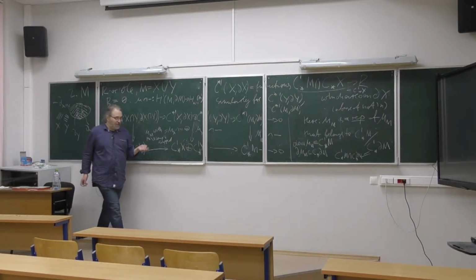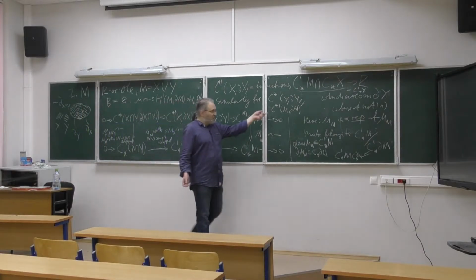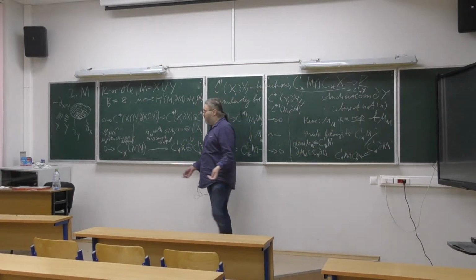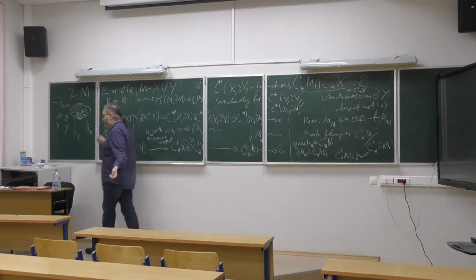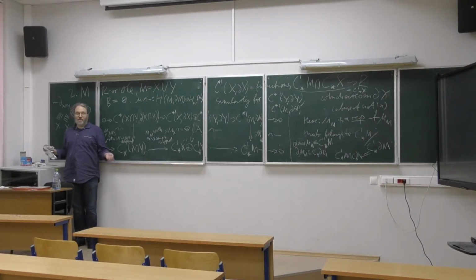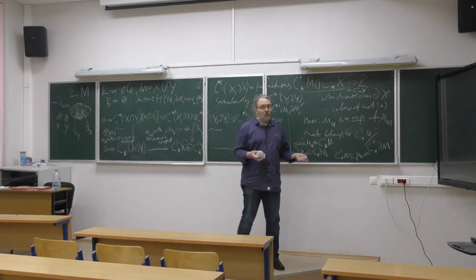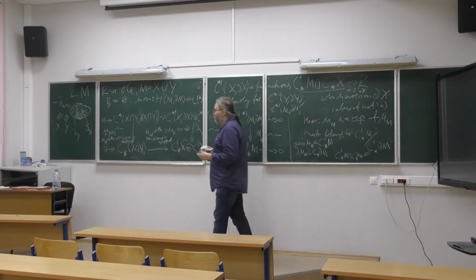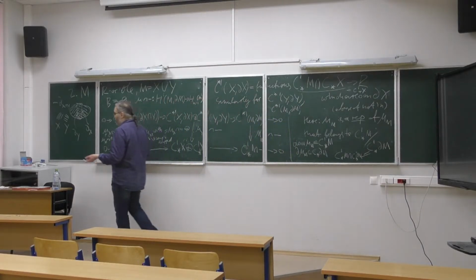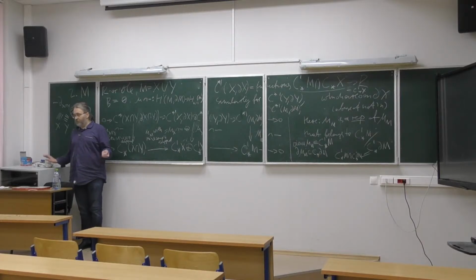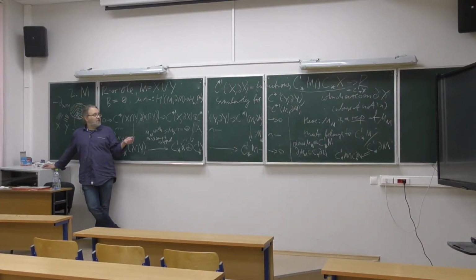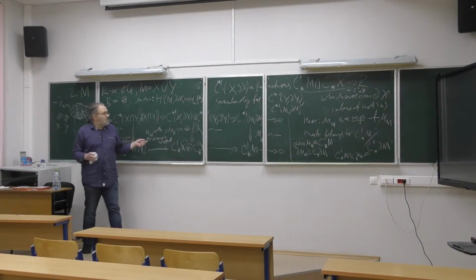Now, the next question is, very well, but where do we get x and y with nice properties? Well, basically there are two ways which are more or less equivalent for our purposes. So let me erase.